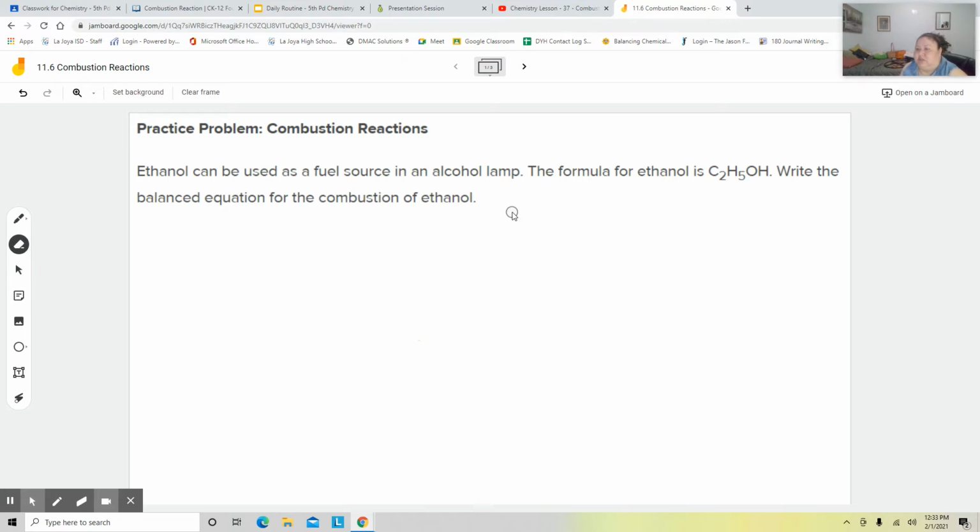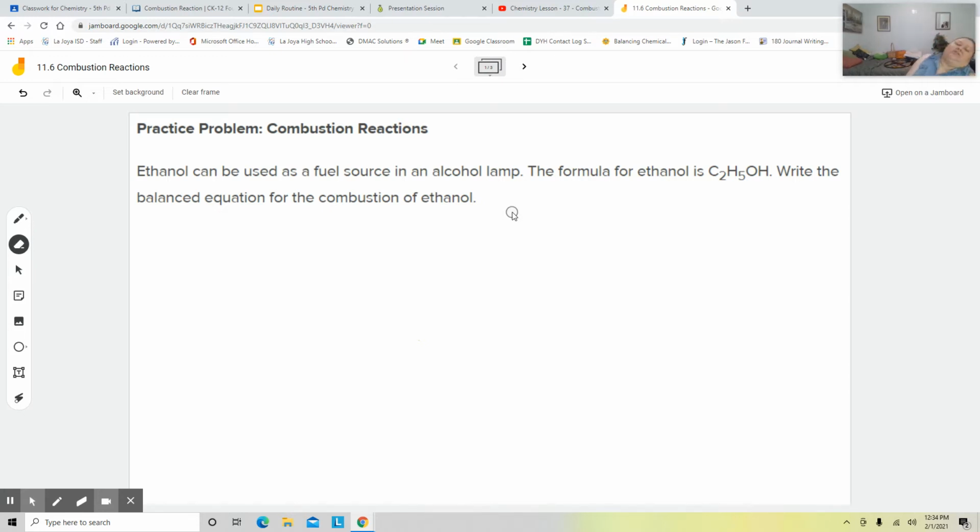Again, it's very similar to hydrocarbons, right? Write the balanced equation for the combustion of ethanol. So if you have ethanol and it's combusting, you need to write the equation, and they give you the formula.